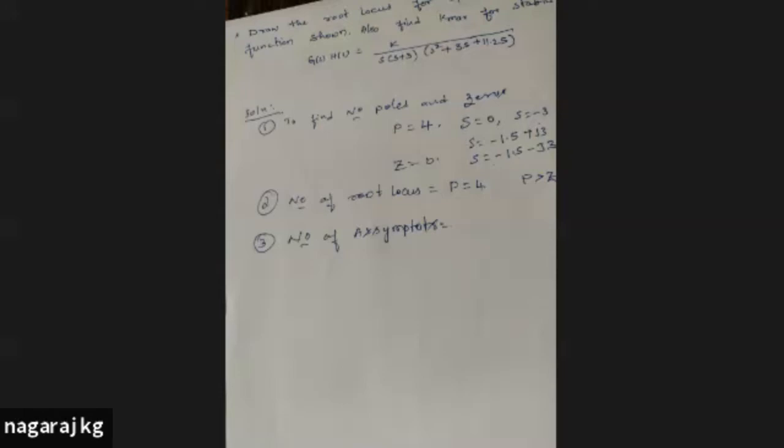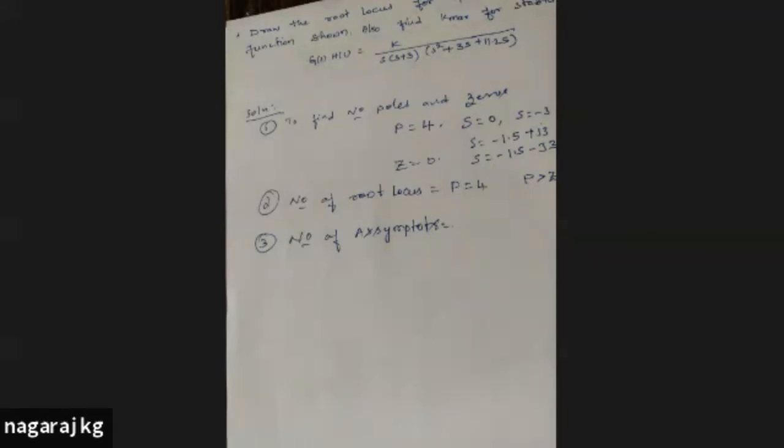So the root locus always starts from a pole and moves along the asymptotes. Got my point? So the root locus always moves along the asymptotes.